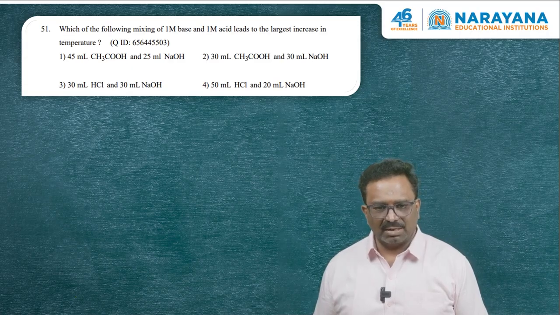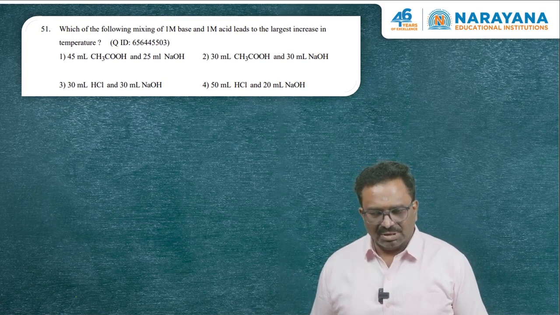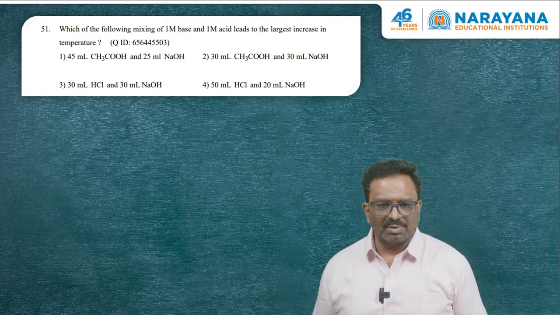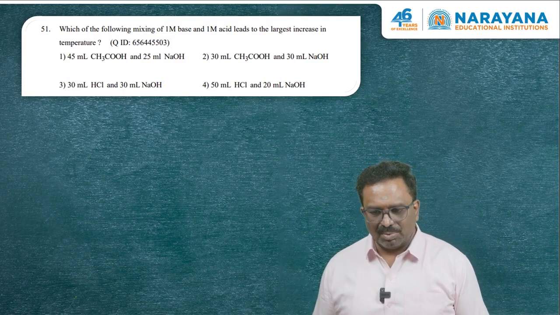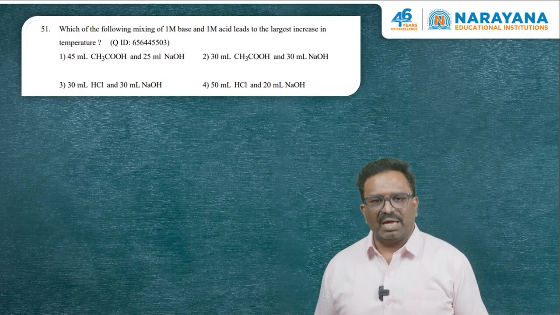So in that respect we can go further directly, that is HCl and NaOH neutralization. But here we have two options. Let's check the millimoles; more millimoles will give more energy.